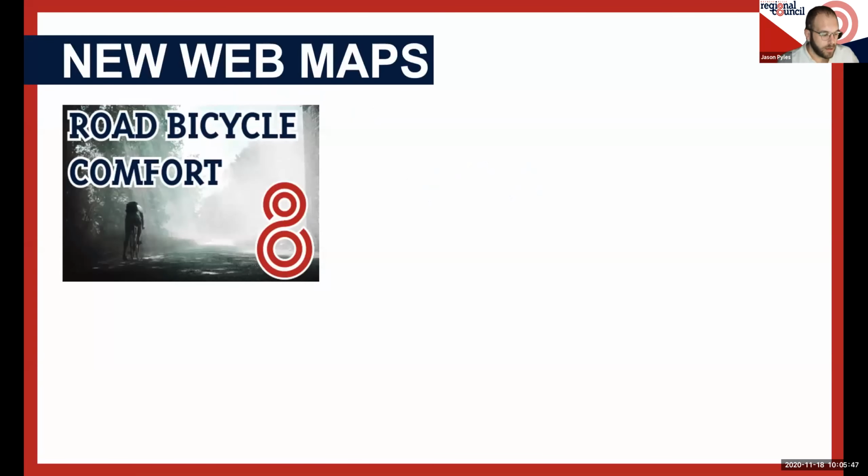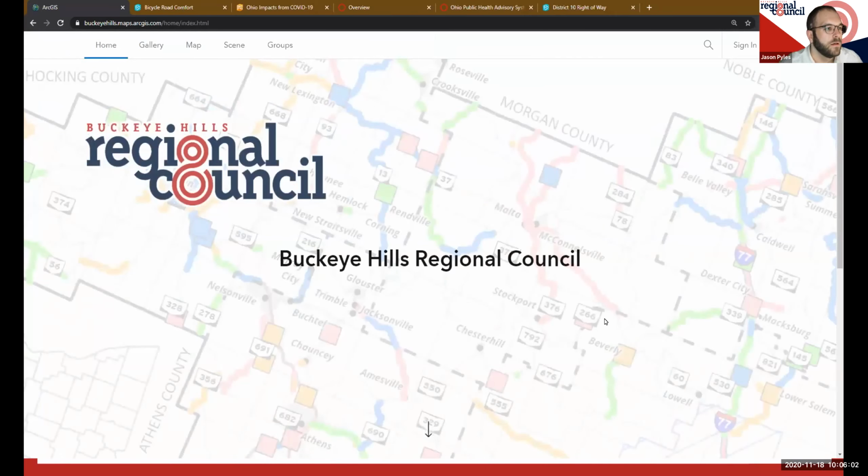Well, this year we made several new web maps that at least some people have gotten pretty excited about. Our first one here is this road bicycle comfort map. So let me first show you where you can find these. You can find a lot of our data stuff at buckeyehills.org/data-center. There's a link to it at the bottom of every Buckeye Hills page on our website.